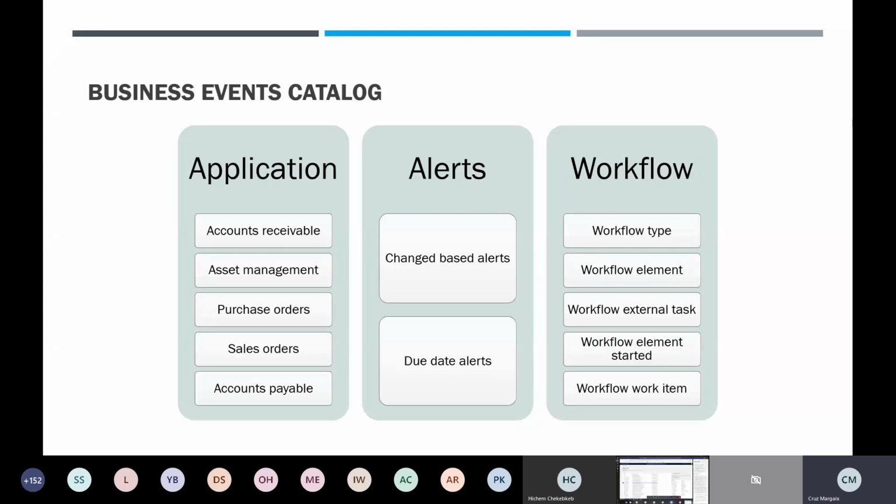This is where the free text invoice posted event will fall, or the write-off posting as well. We have application events on accounts receivable, asset management, purchase orders, sales orders, and accounts payable.